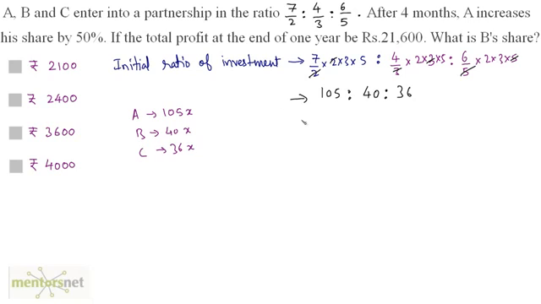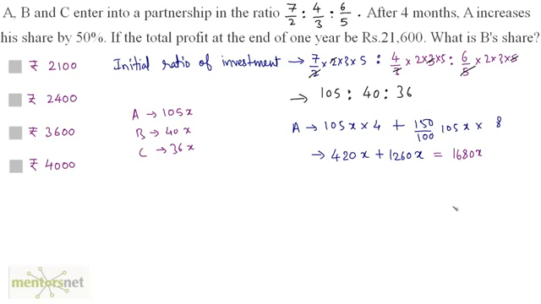Hence A's total share is 105x times 4 plus, with a 50% increase for the next 8 months, 150% of 105x times 8. When you solve this, you'll get the total share of A for the 1 year as 1680x rupees.